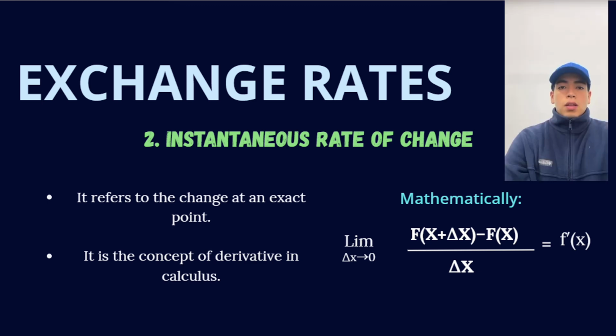We then look at f of x plus delta x minus f of x divided by the same tiny delta x. The value that this fraction approaches as delta x goes to 0 is the derivative at x, or f prime of x. The limit as delta x approaches 0 of delta y over delta x equals f prime of x.